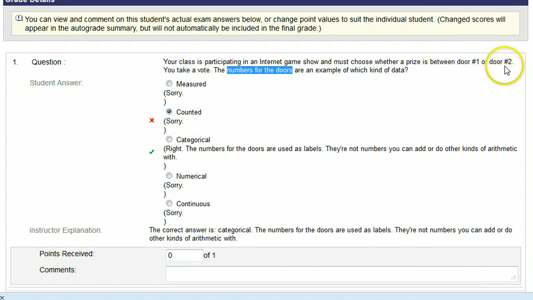There's door 1 and there's door 2, which kind of led toward counted, but they're really categorical because the 1 and the 2 themselves are just really labels. And so there's door number 1, door number 2, those are categories where the participants are placed in. So that's why that one's categorical.